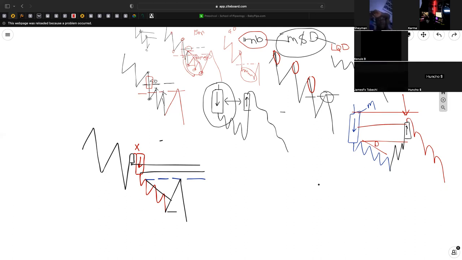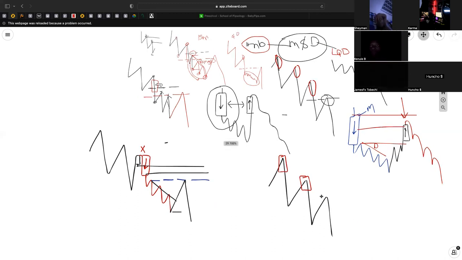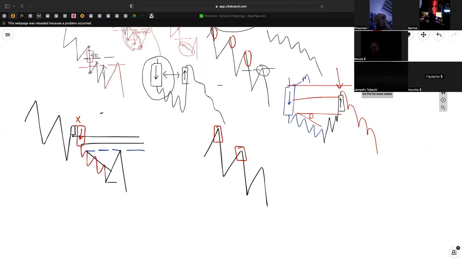So remember, I said every swing must have a rule of momentum and distance right there. But there are situations whereby the swing would not have it. Let me explain that situation now.